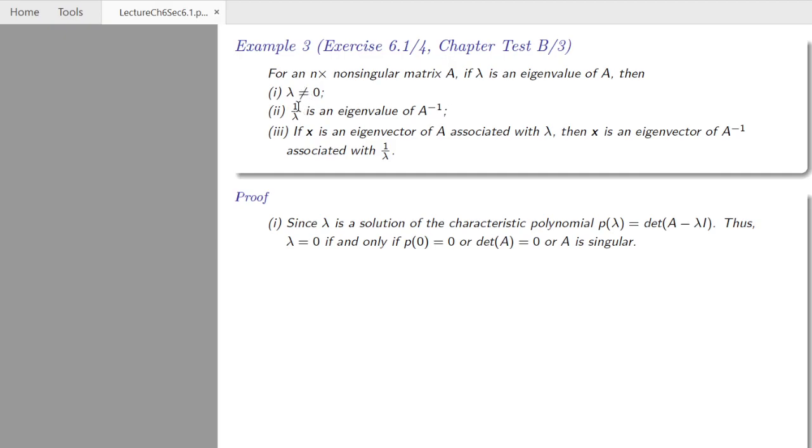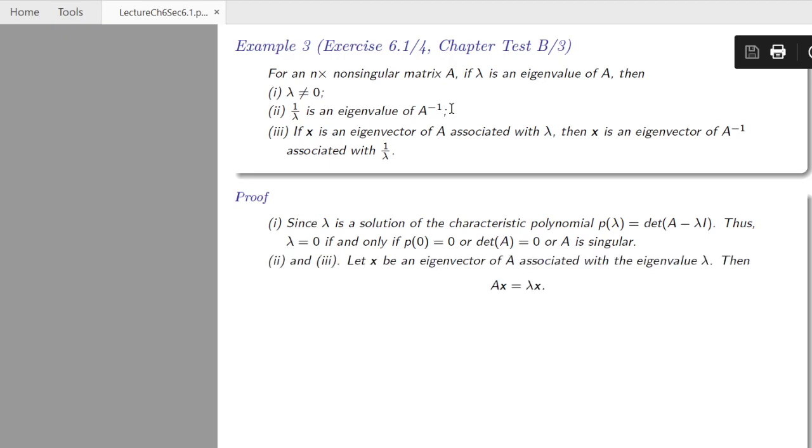Here we want to show 1 over lambda will be an eigenvalue for the matrix A inverse. Let's say x is the eigenvector of the matrix A associated with the eigenvalue lambda.